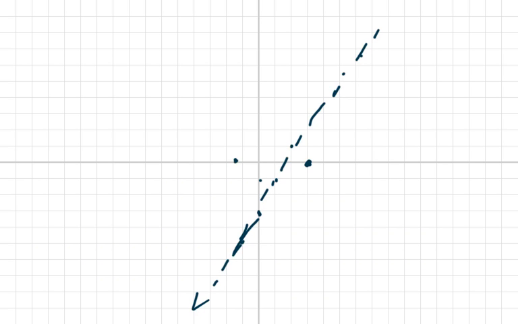Oh, I also have a vertical asymptote at x equals 0, so this is this little bit in here. You can't cross the vertical. Now, it looks something like this.